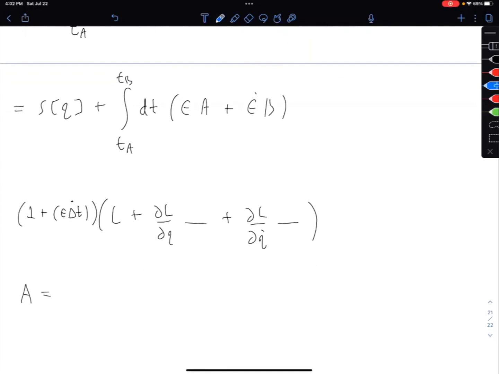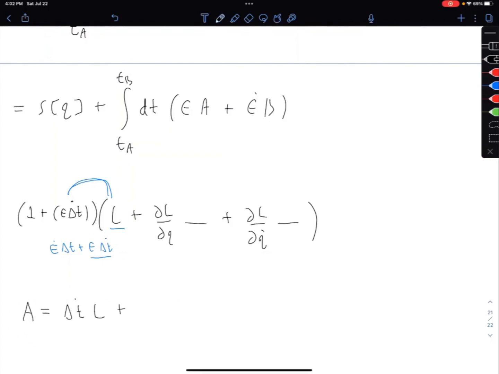So there's going to be one term coming from this, right? Because I'm going to have an epsilon dot delta t plus epsilon delta t dot, and then this term multiplies L to give me a term proportional to epsilon. So that's what I mean by this term here. So this is going to be equal to delta t dot times L.